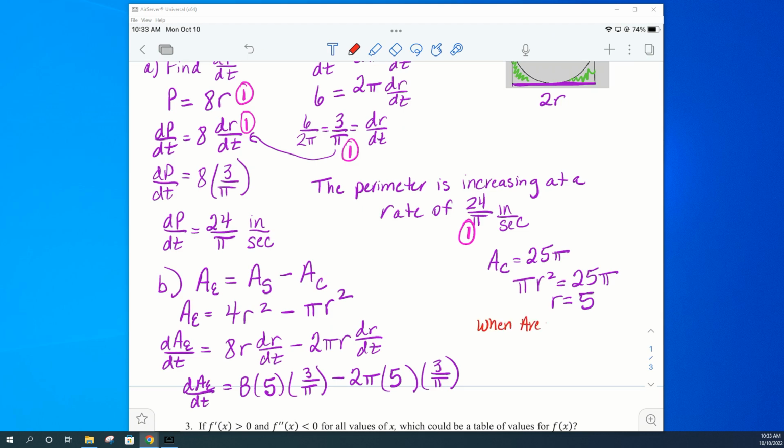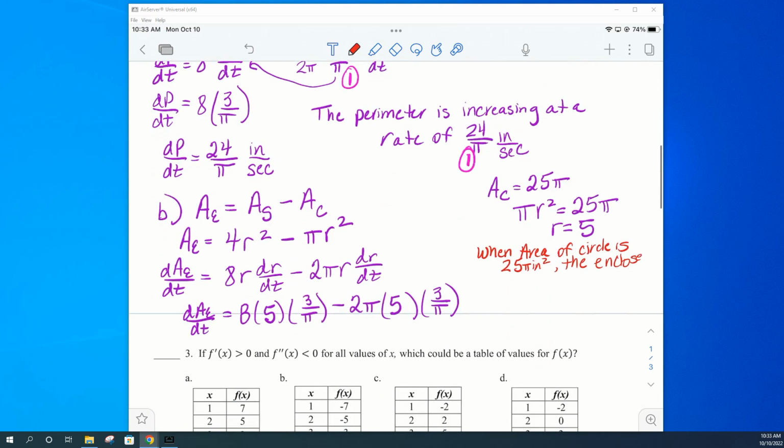When the area of the circle is 25 pi inches squared, the enclosed area, whoa, calm down. That says enclosed.